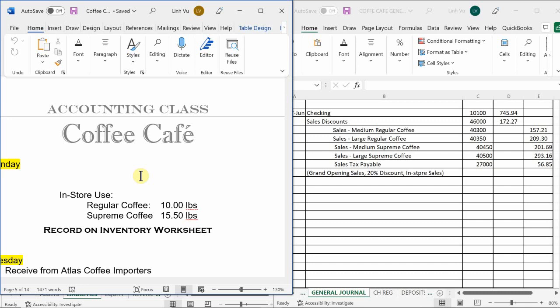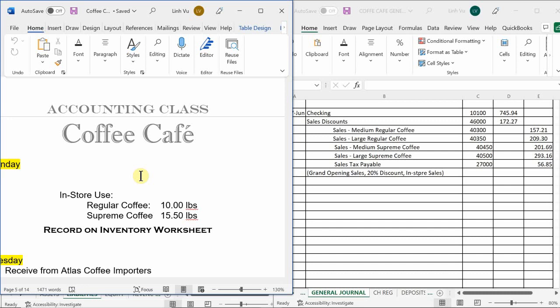All right, so in this case, there is a calculation made. I just didn't reveal it in here. I think 1 pound makes about 100 ounces or something like that. So if they each make 100 ounces, and this is how much roughly, if you tally up all the total coffee cups that you sold, roughly it's about 10 pounds of regular coffee and 15 and a half pounds of the Supreme coffee.